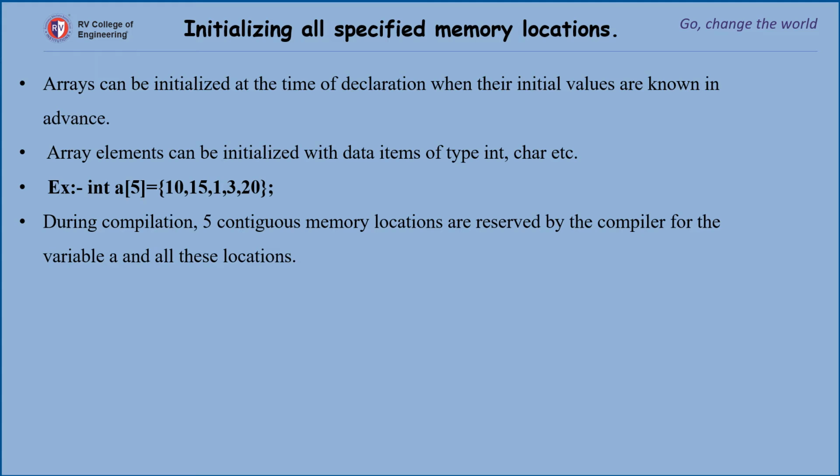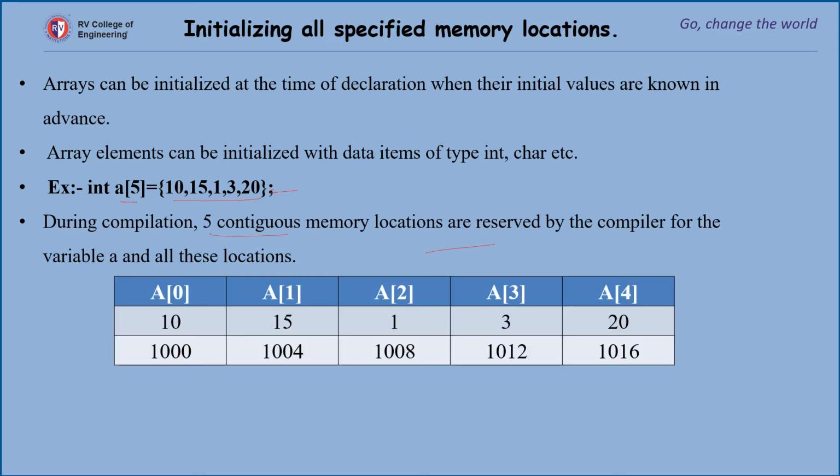The size is 5 and you want to initialize all the locations with these values. So during compilation, 5 contiguous memory locations are reserved by the compiler and these values will be stored in those locations. It looks something like this: A of 0, A of 1, A of 2, A of 3 and A of 4.